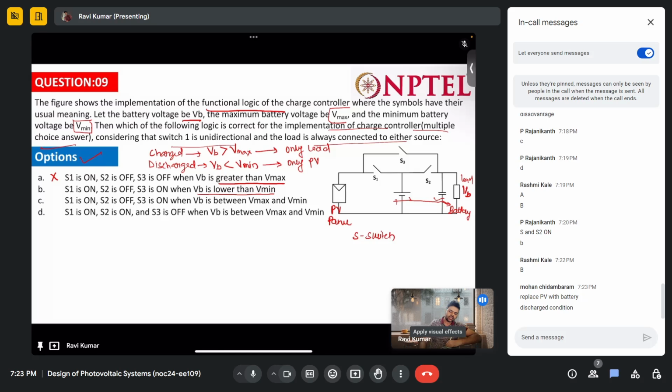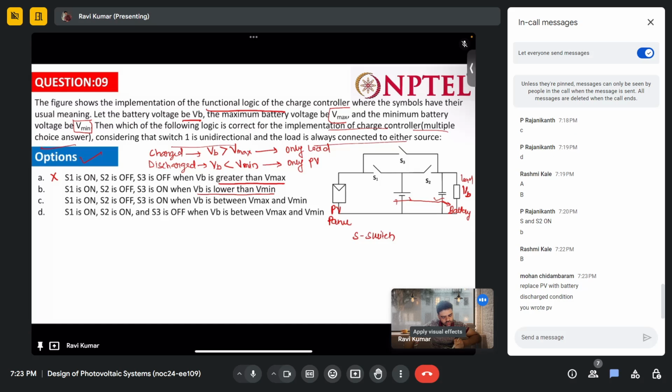Yes. Discharge condition is that we are not connecting with this, battery is connecting to this PV only. So it is being charged. While it is discharging, it is not connecting, right? Okay, so B is saying S1 is on, S2 is off, and S3 is on.